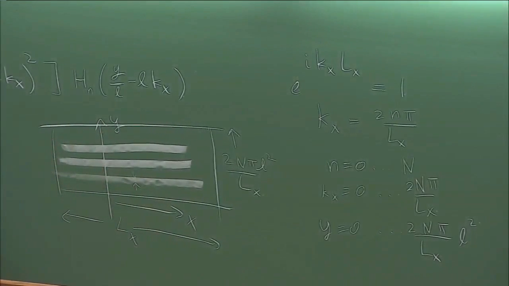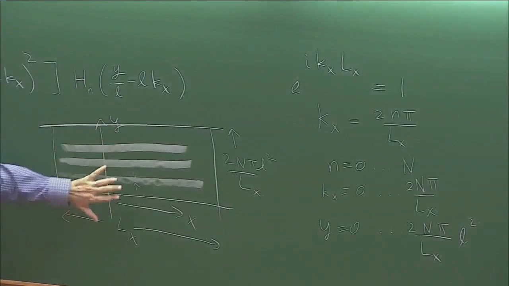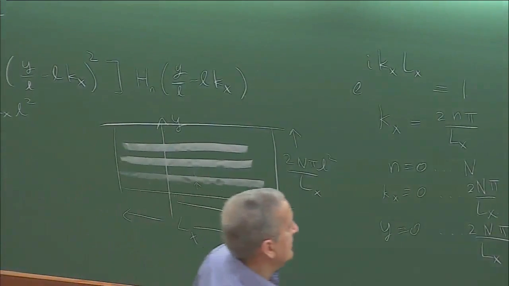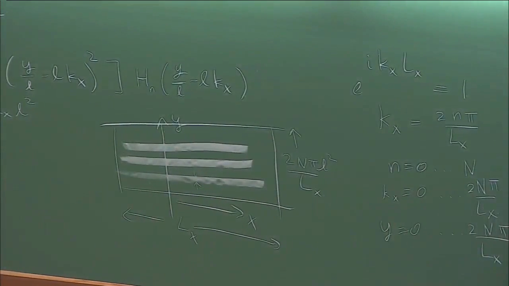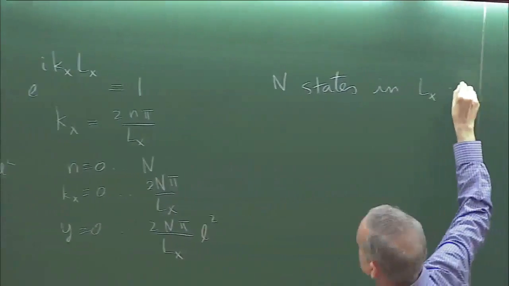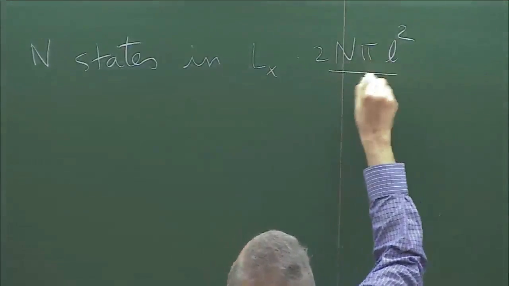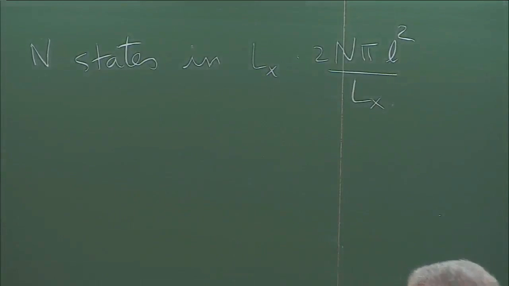In fact, I have n plus 1 because I started counting from 0, but we are not worrying about order 1 effects. So I have a capital N states in this rectangle, and therefore the area of this is Lx times 2 n pi l squared over Lx.